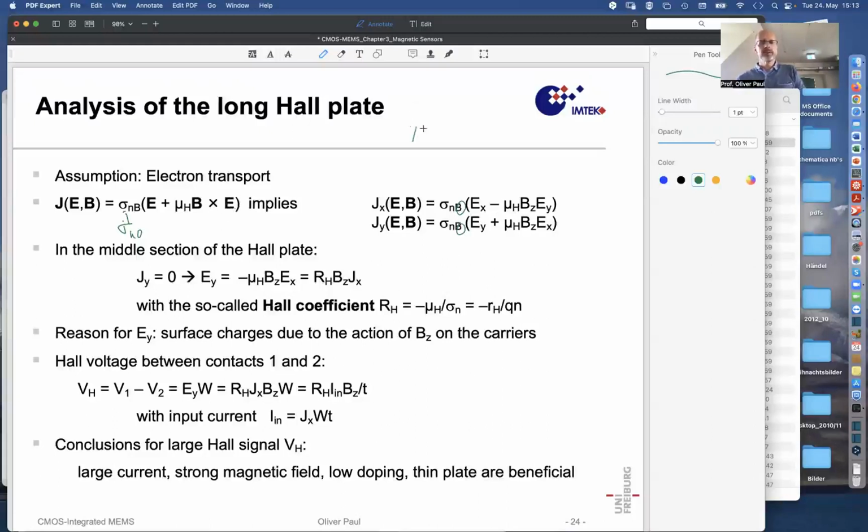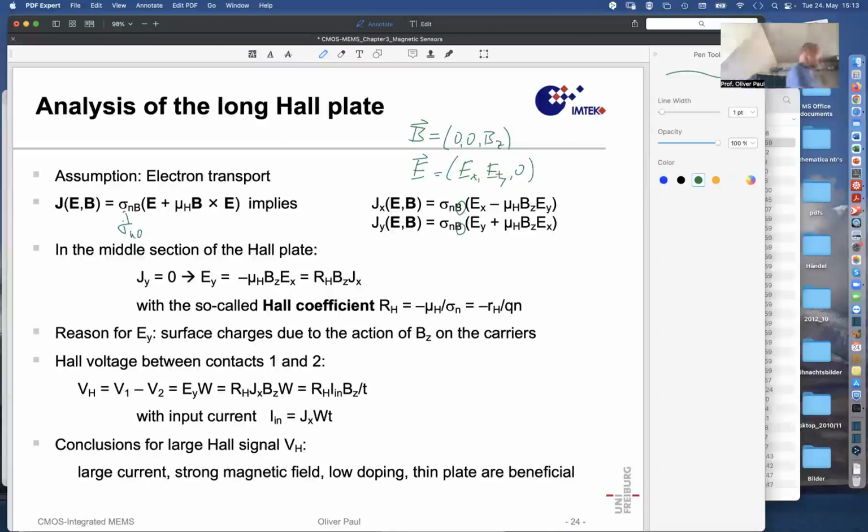So B is in the Z direction, B is 0, 0, Bz. And E is in the XY plane, Ex, Ey, and not in the Z direction.